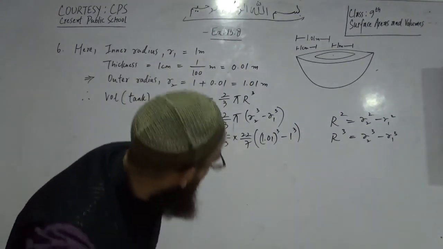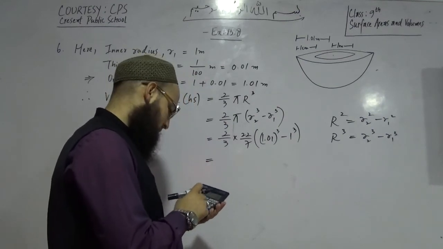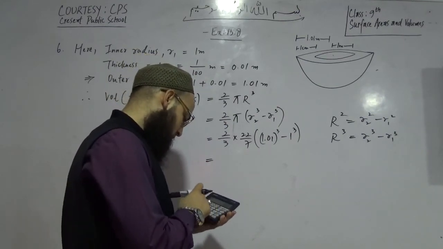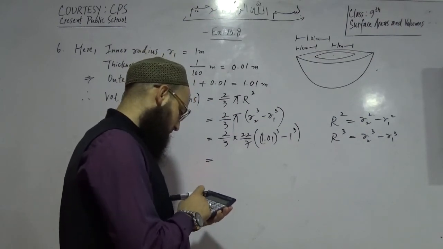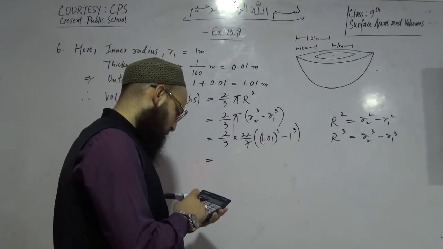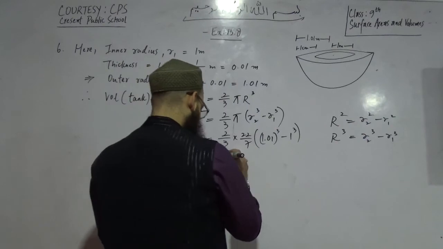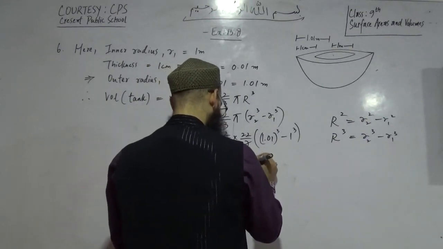And then you can solve this. 1.01 times 1.01 times 1.01 minus 1, times 44 divided by 21. So you have 0.06348.